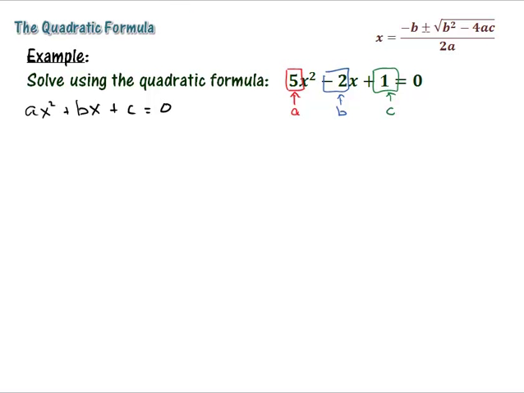Okay, so now we're going to start plugging those numbers into the quadratic formula. So we'll start out by saying x equals the opposite of b, and b is -2, plus or minus the square root of b squared, b again is -2, squared, minus 4 times a, which is 5, and then times c, and c is 1.